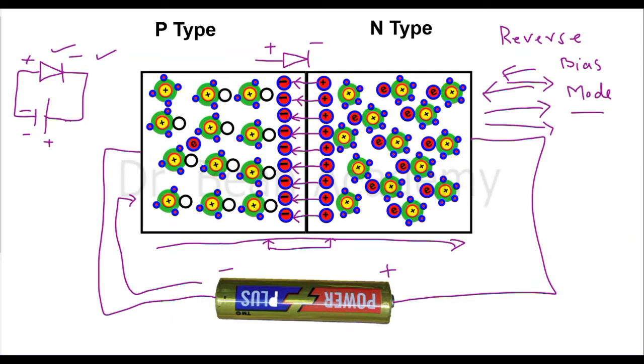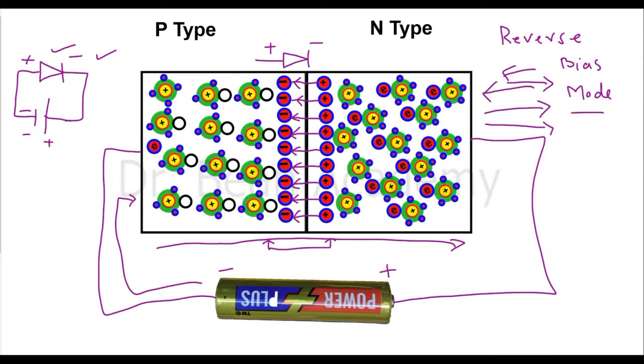But I told you that in case of some breakage of covalent bonds sometimes, or consider it like a manufacturing defect, there might be some free electrons available on the p-type side, wandering around because they are broken free.